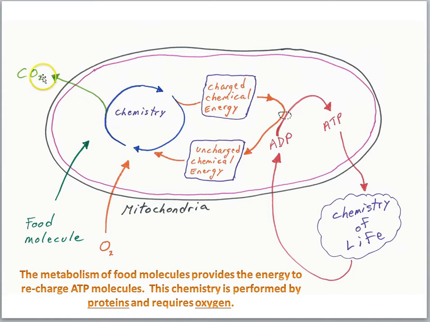And the chemistry releases carbon dioxide waste, and now these energy molecules are going to be coupled. They're going to transfer their energy to ADP to charge ADP up into ATP so that ATP can go out and power the chemistry of life.